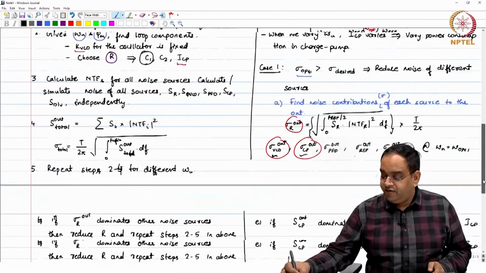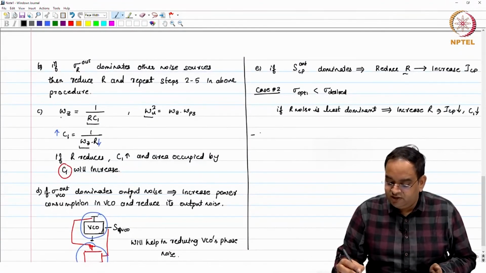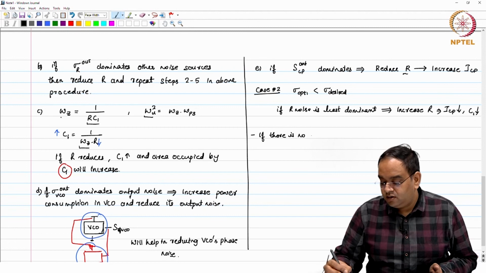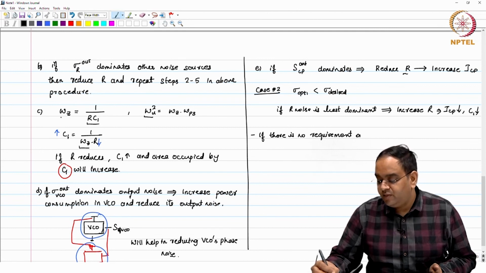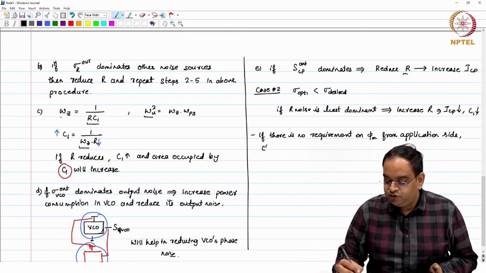So, it depends on application. I will just write, if there is no requirement on phase margin from the application side, choose phase margin.